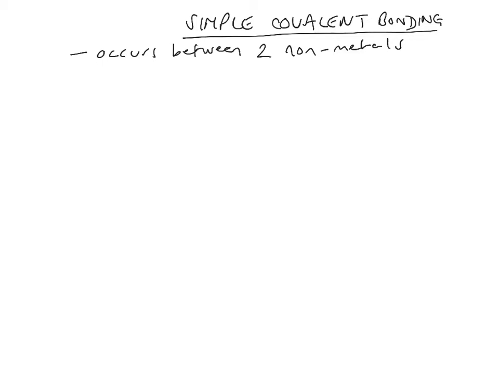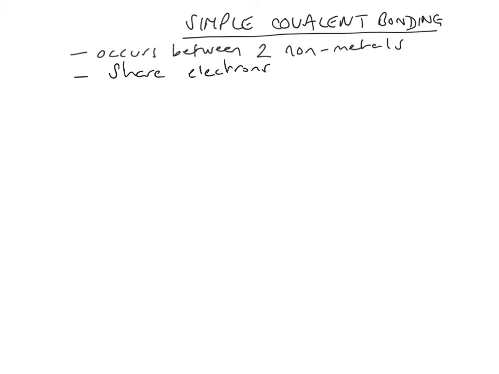So this is interesting in that the atoms in this type of bonding are all trying to gain electrons to get a full outer shell. But there's nothing that's giving away the electrons. So they've got to work out how they're going to get a full outer shell when the atoms both want to gain electrons. So what they do is they don't lose or gain, they share electrons.